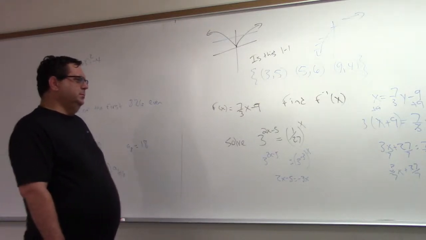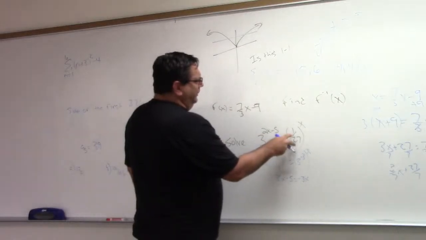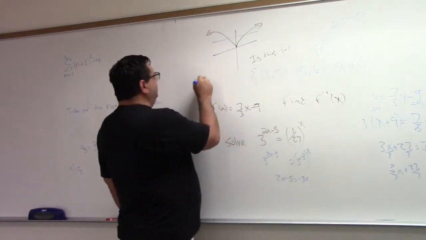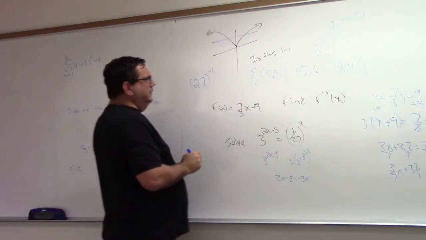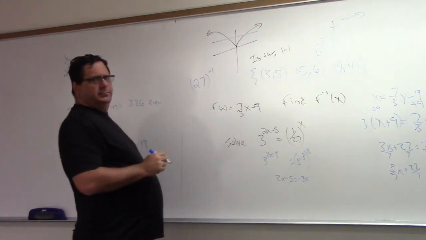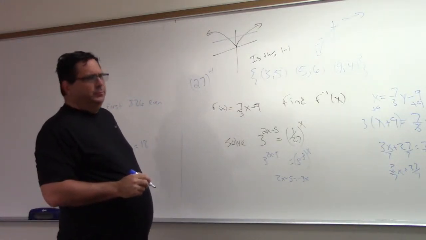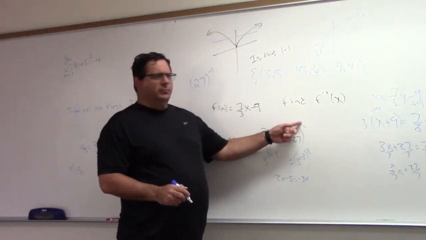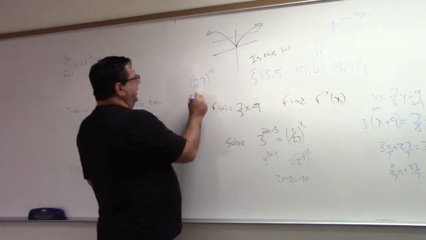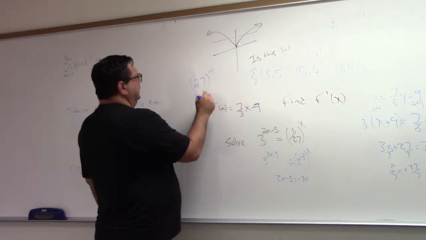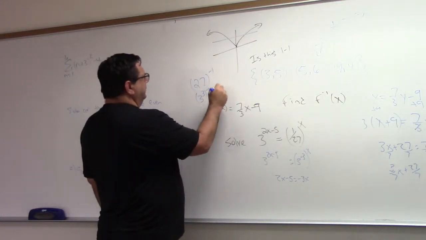You flip the 27, and it's 27 to the negative 1. When you multiply by a negative exponent, it's flipped. So anytime you see a fraction, you know you're going to have to invoke a negative exponent. So 27 is 3 to the third, which then makes this 3 to the negative 3.